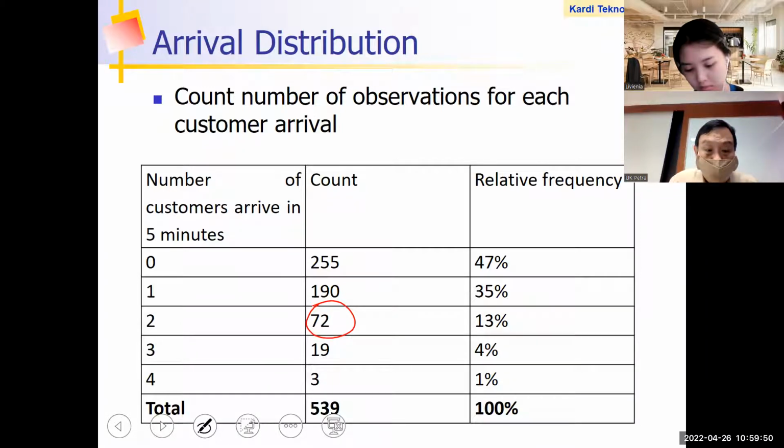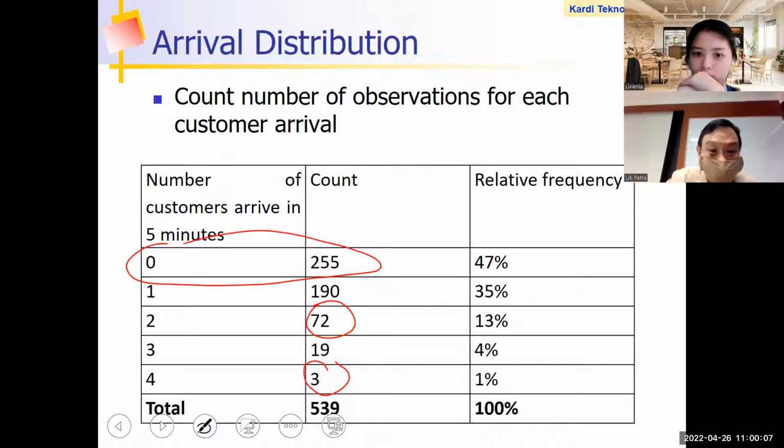Do you understand the meaning of this 72? Only 3 times did 4 customers arrive in 5 minutes. The majority is 0, meaning no customer arrived in that 5 minutes. You see the total is still the same, 539.